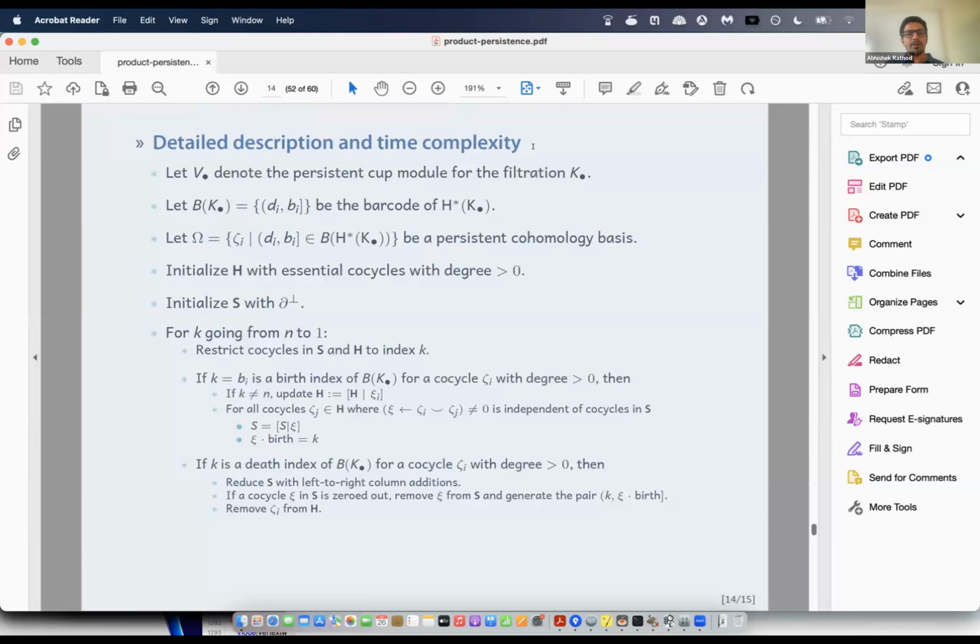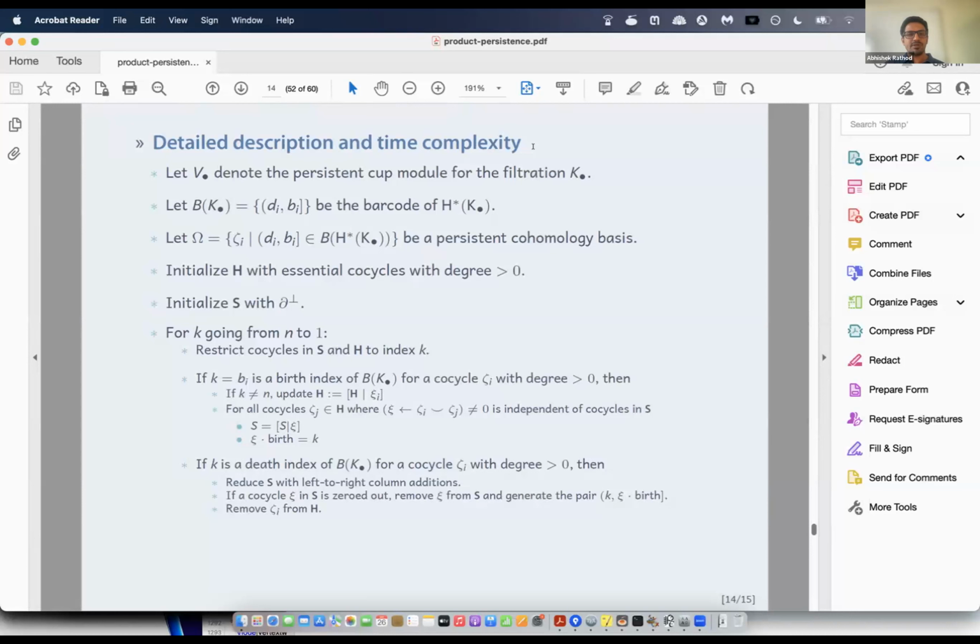The last thing to note is that in the case of a birth index, we appropriately add co-cycles to matrices H and S, and if k is a death index of ordinary persistence, we appropriately remove the co-cycles that are no longer living in matrices S and H.